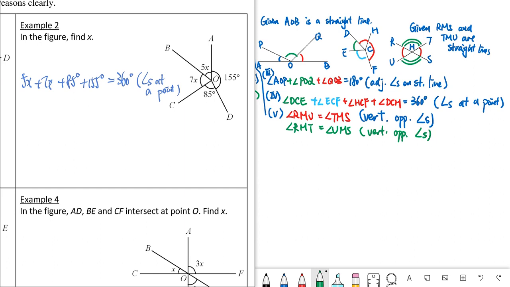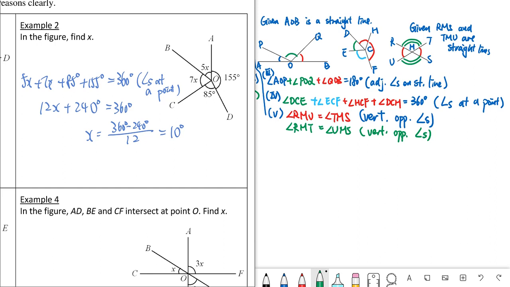And then the rest is just some simple calculation. 5x plus 7x is 12x, and 85 plus 155 is 240 degrees. Therefore, x will be 360 degrees minus 240 degrees, and then over 12. Therefore, the answer should be 10 degrees.